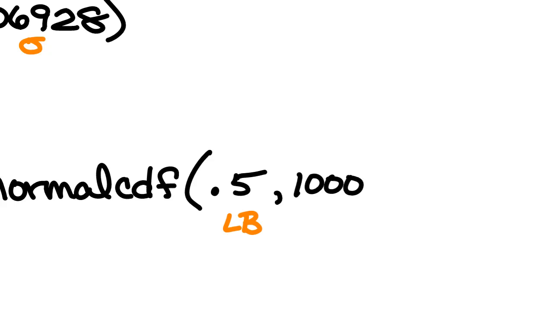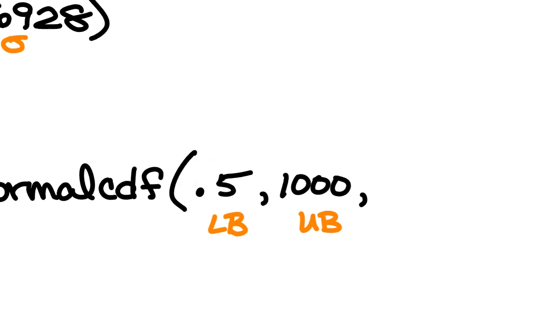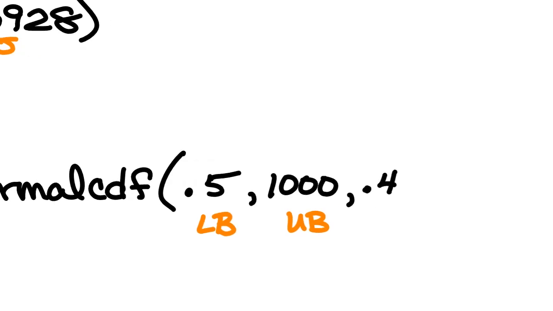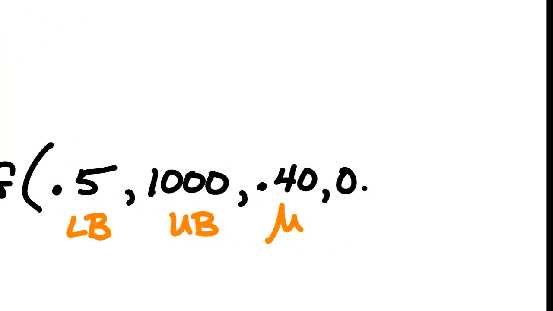Because if my mean is 0.4 and I got 0.5, 1,000 should be big enough, right? There's my upper bound. What comes after my lower bound and my upper bound? The mean, so 0.40. And after the mean, standard deviation, so 0.06. 928.